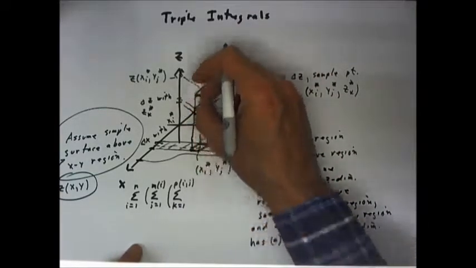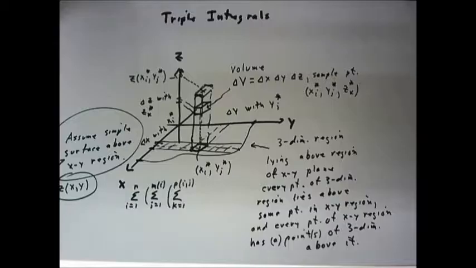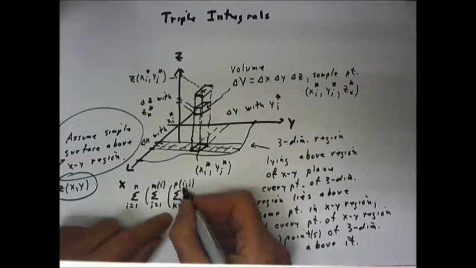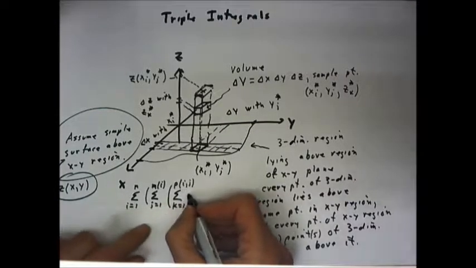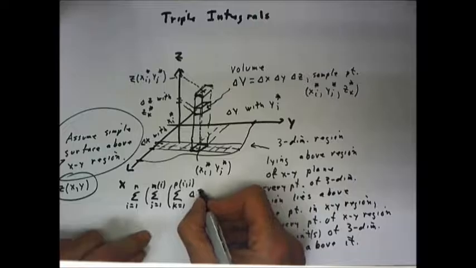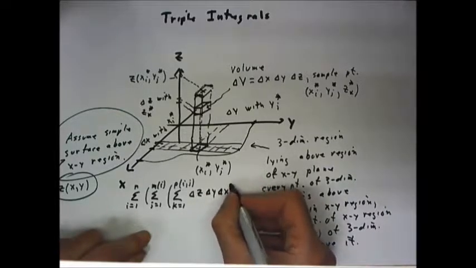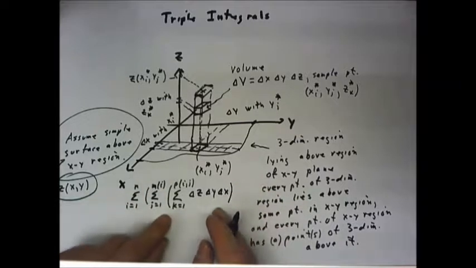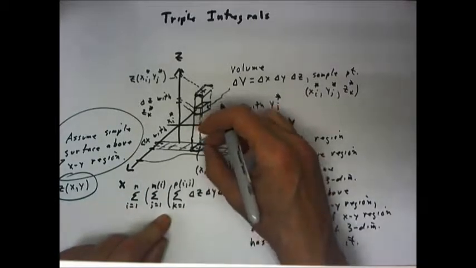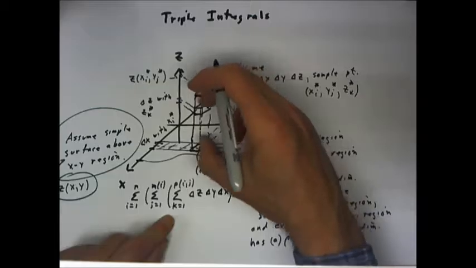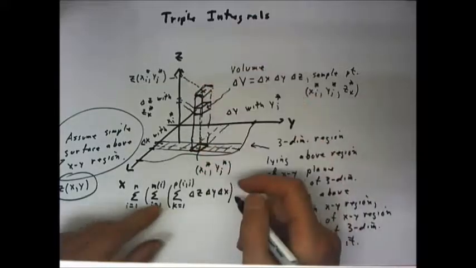It determines what z interval we partition. So we partition the z interval and we add the delta z, delta y, delta x for every one of these, giving us the volume of a typical stack here.